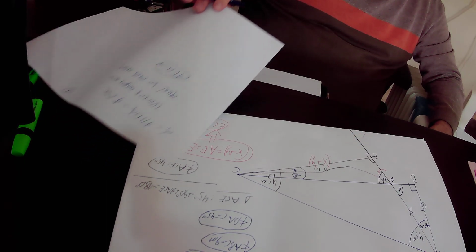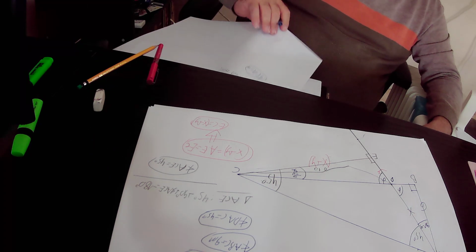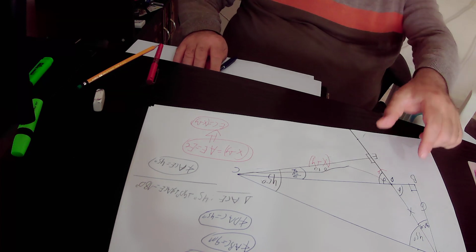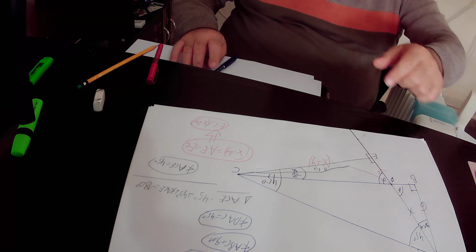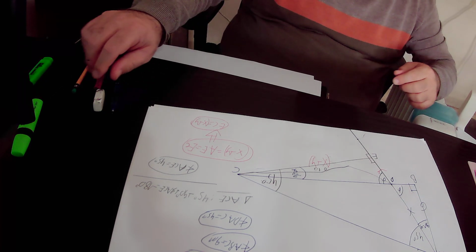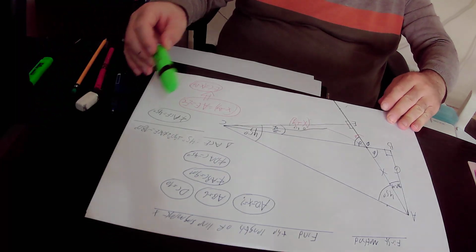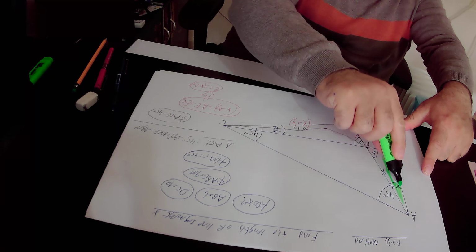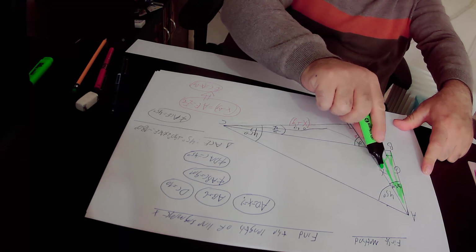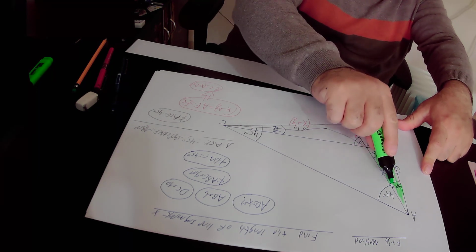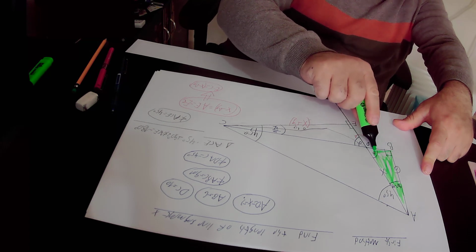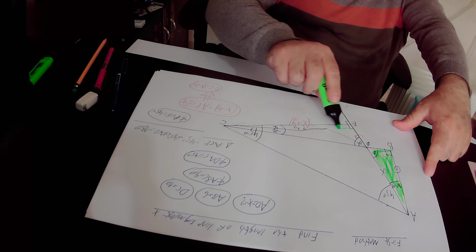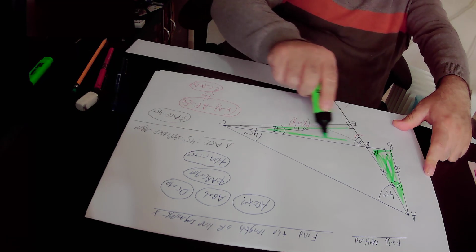So we actually proved that those two right triangles are similar to each other. We actually proved that the right triangle ABD is similar to the right triangle DEC.